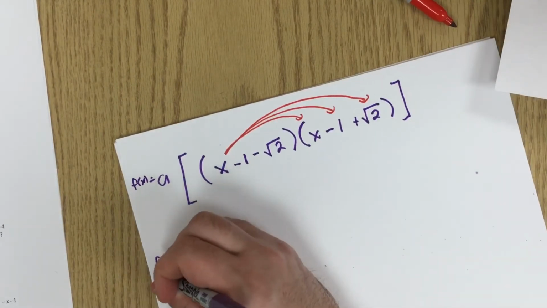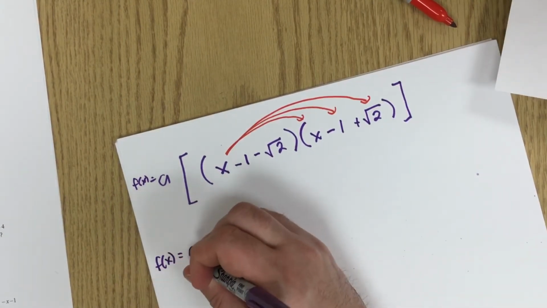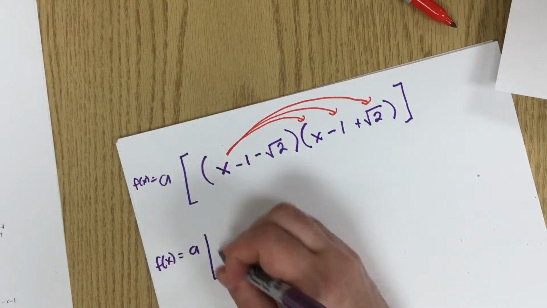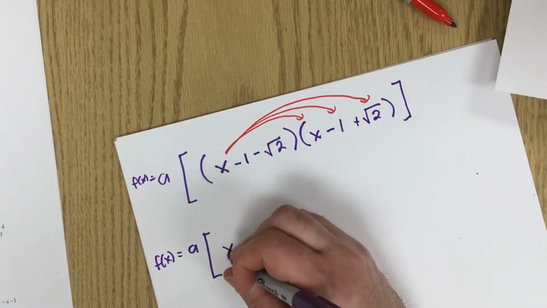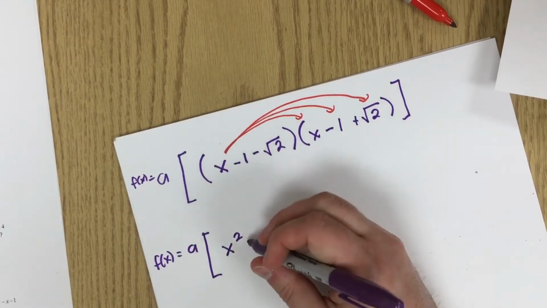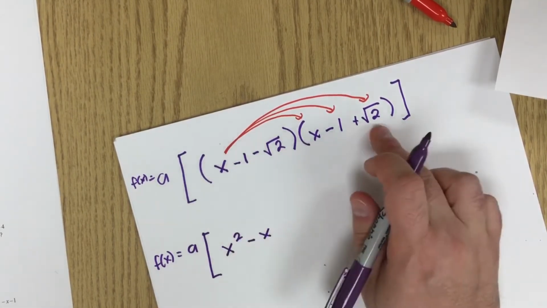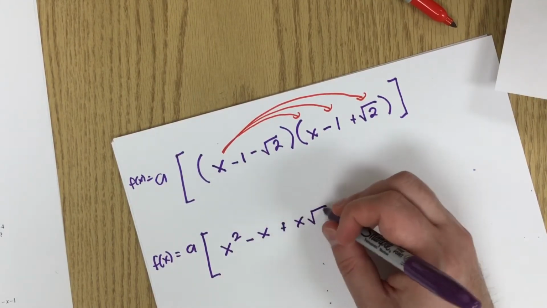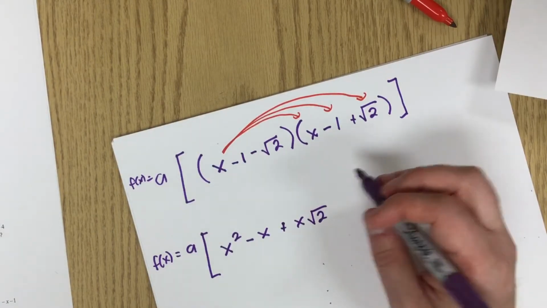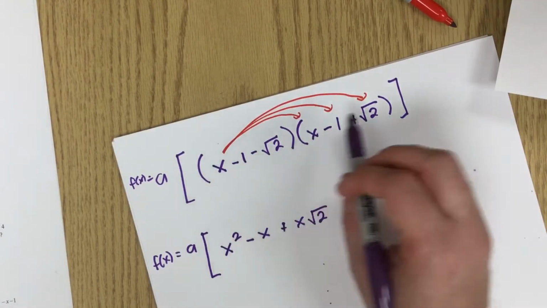So we're going to say f of x, and we're leaving the a out. So x times x is x squared. x times negative 1 is minus x. x times root 2 is going to be plus x root 2. Those are the first three.